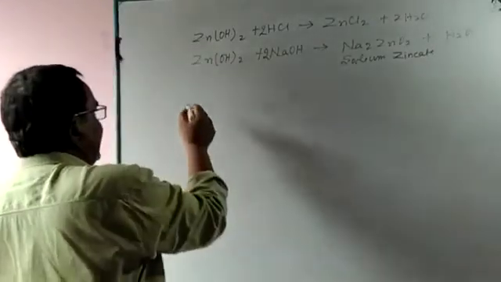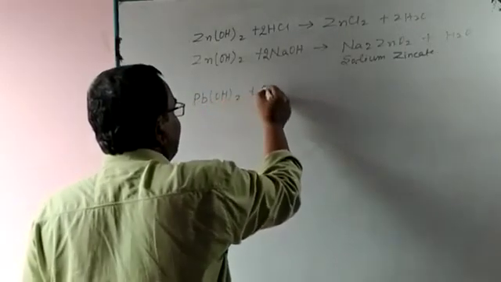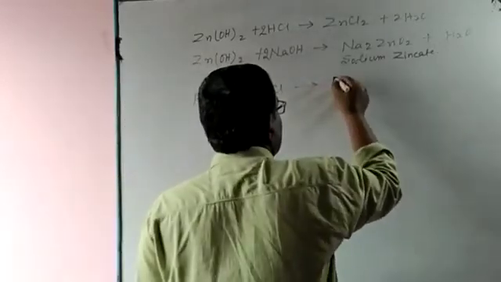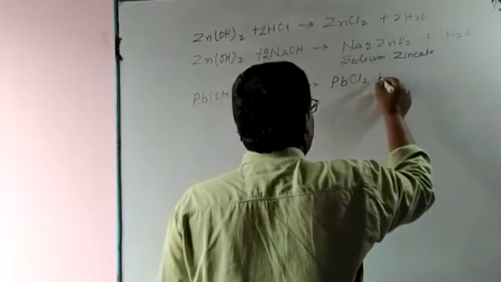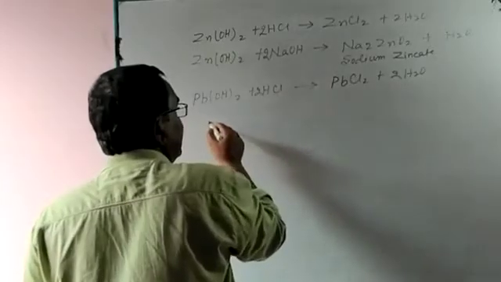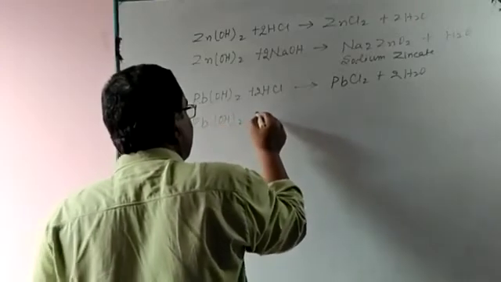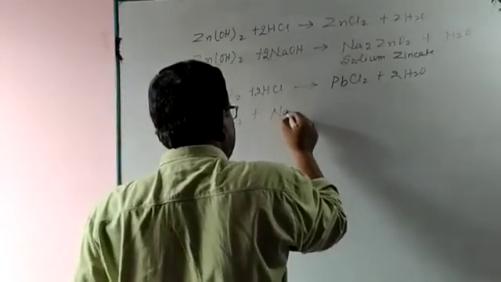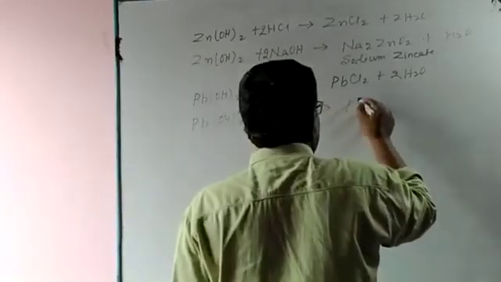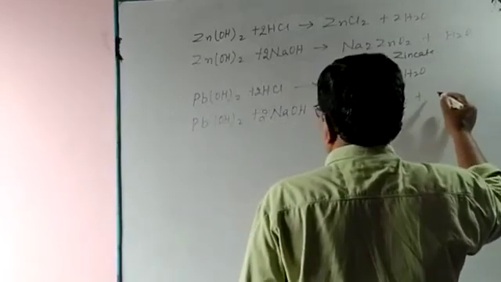Now we have to study lead hydroxide. It forms sodium plumbate, Na2PbO2, plus 2H2O.